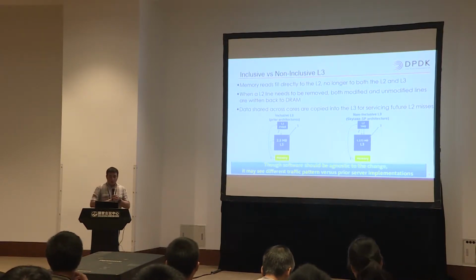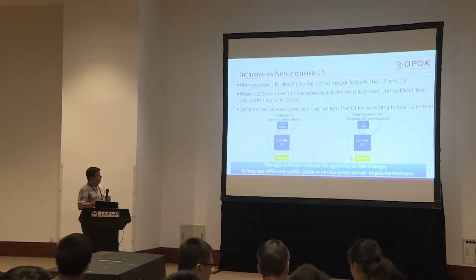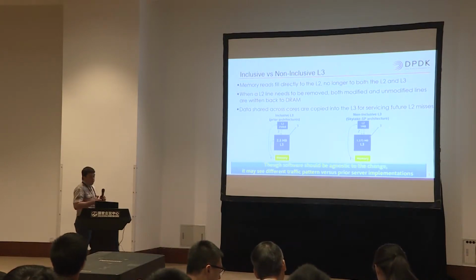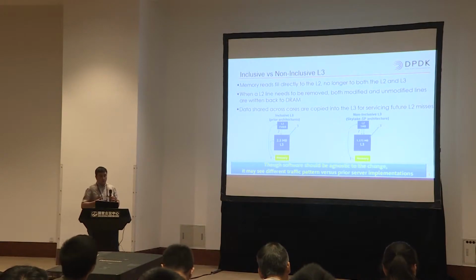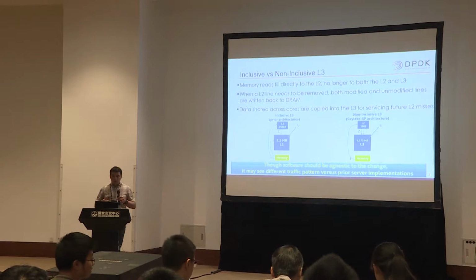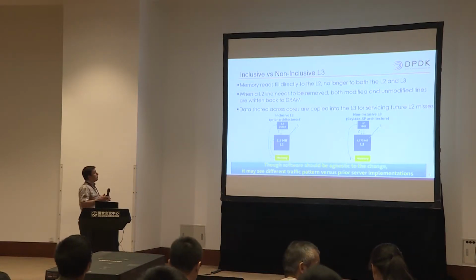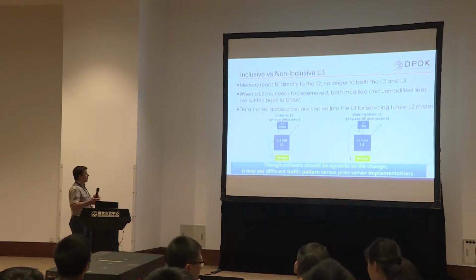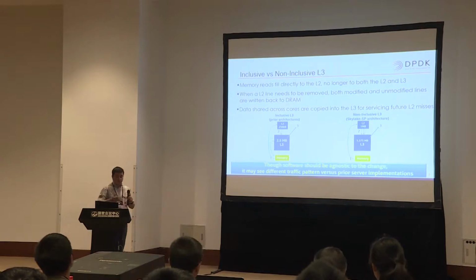However, the data will not automatically be put into the LLC. The data will be placed in the LLC once it's evicted from the L2 cache, typically when the least recently used piece of data is evicted. So, in short, on the Skylake system, LLC serves as a victim cache for upper layers.